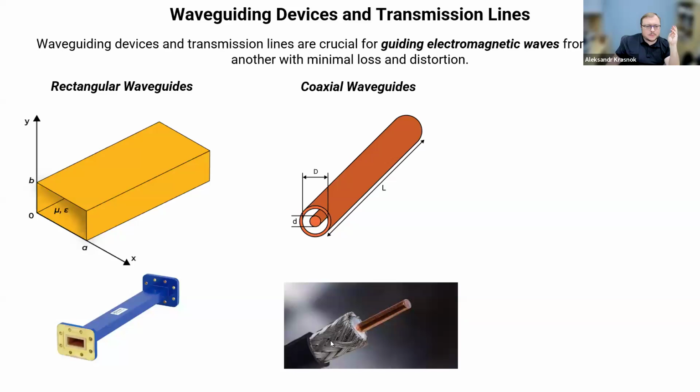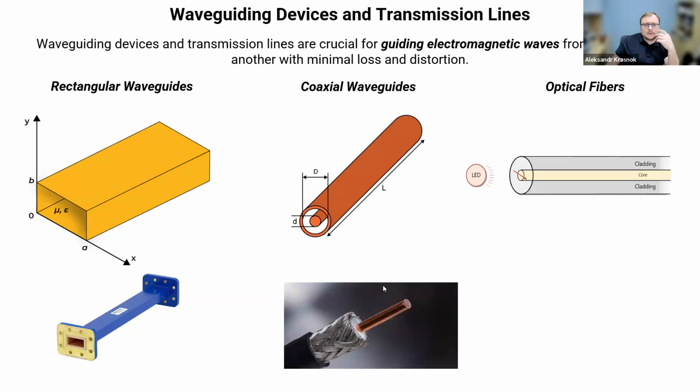This is how a coaxial cable looks in reality. And also optical fibers. You know that light is another manifestation of the electromagnetic field. Light is also an electromagnetic wave, and we can use waveguides not only for microwaves, but also for guiding optical fields, guiding light. To do so, we use optical fibers.